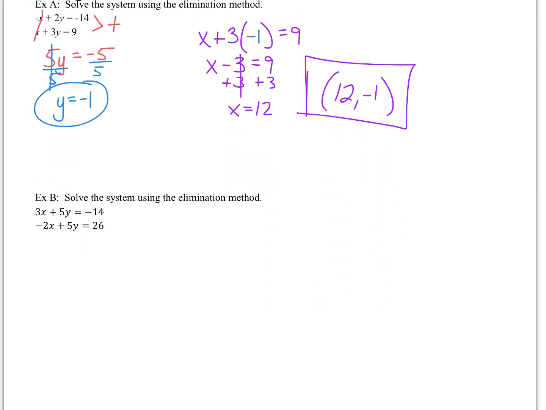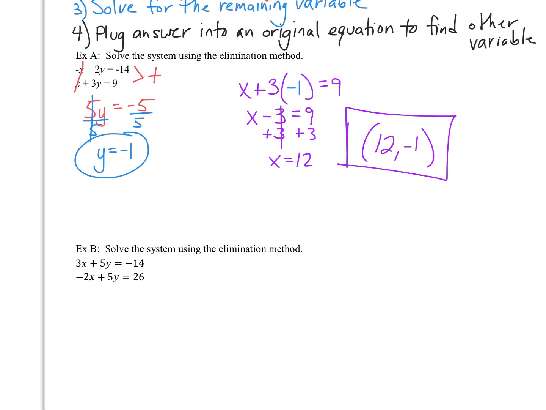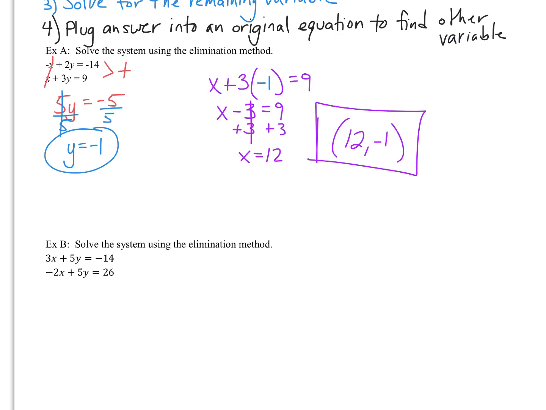If you just need them to be opposites of each other, you're just going to multiply one of the equations by negative 1, and it'll get it ready for you. But when we're manipulating equations, you need to make sure that it goes to the whole equation and not just part of it in order for it to stay equivalent.